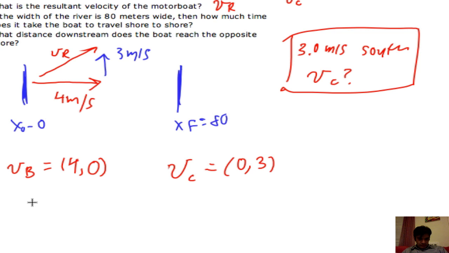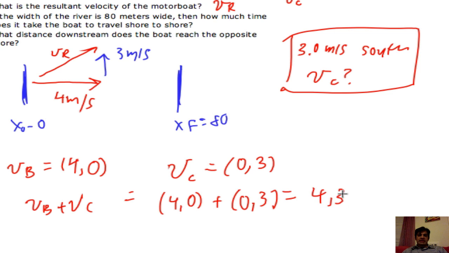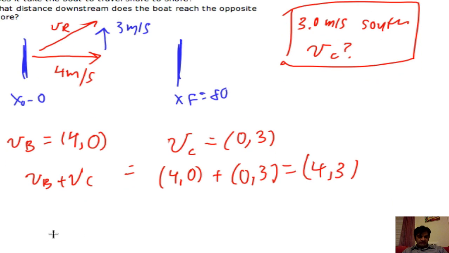Now, to get the resultant vector, that's going to be V boat plus V current equals, add them the way you learned to add vectors. And so you're going to get 4, 3 as the resultant. Now, if we wanted to know the speed, it is the magnitude.